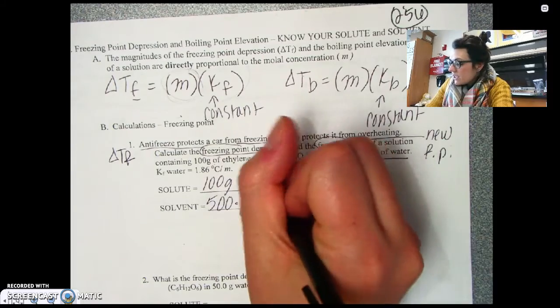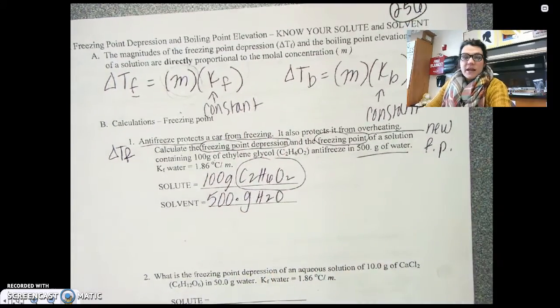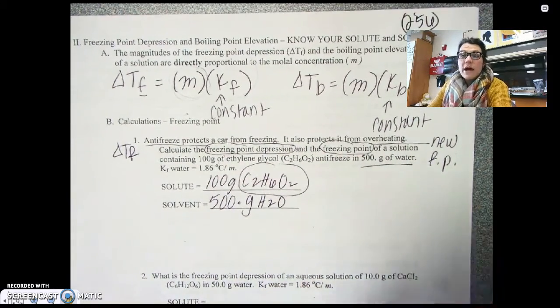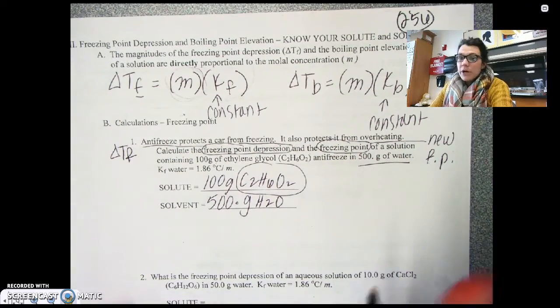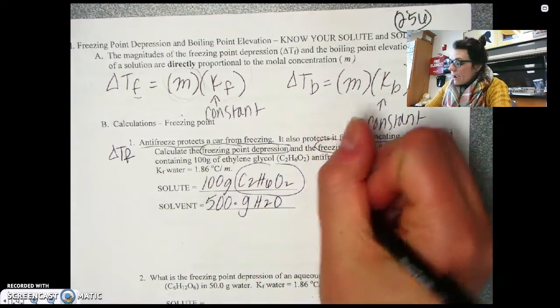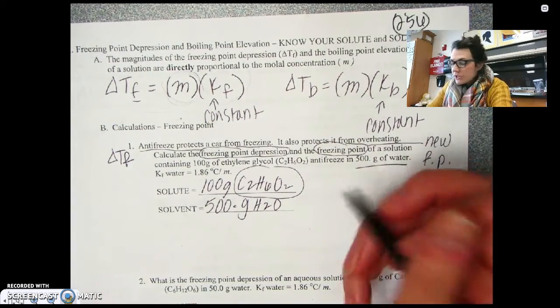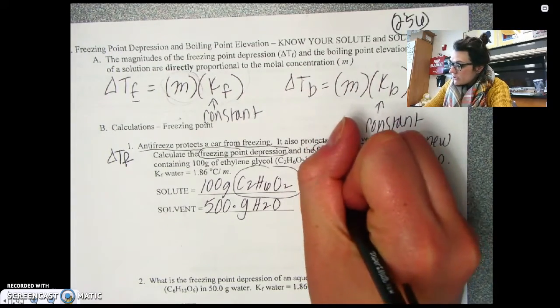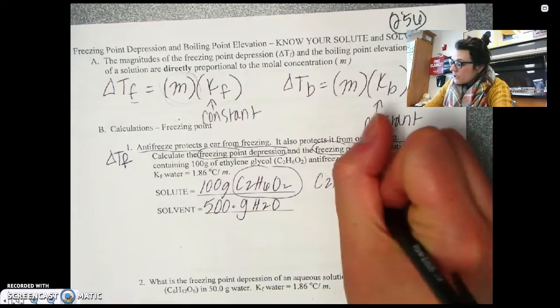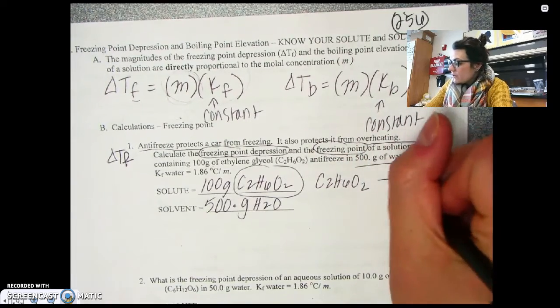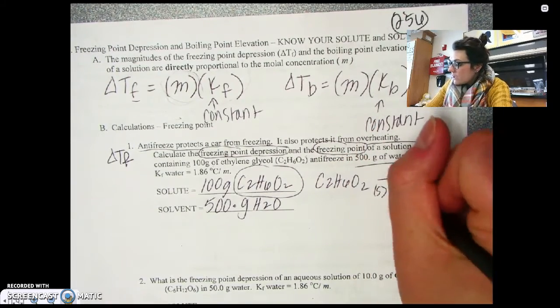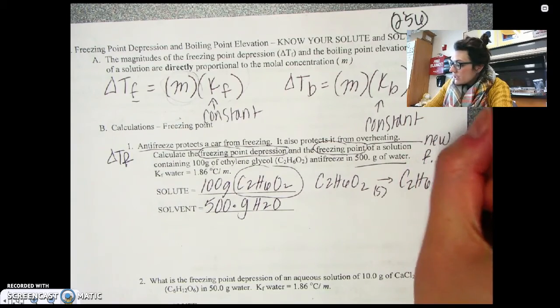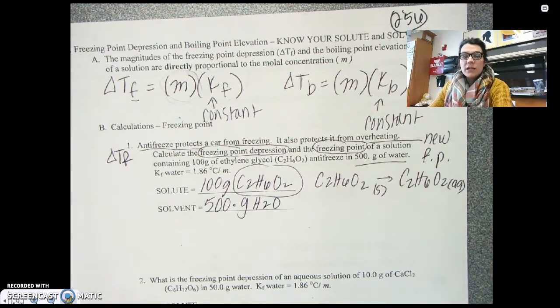Now here's the thing. This is a covalent molecule, meaning no metals, so it's not going to break into anything. So my number of solute particles is just going to be 1, because like I illustrated in your lecture before, your chemical reaction going from a solid to aqueous is just going to look like this. I'll illustrate this a little more in a minute.